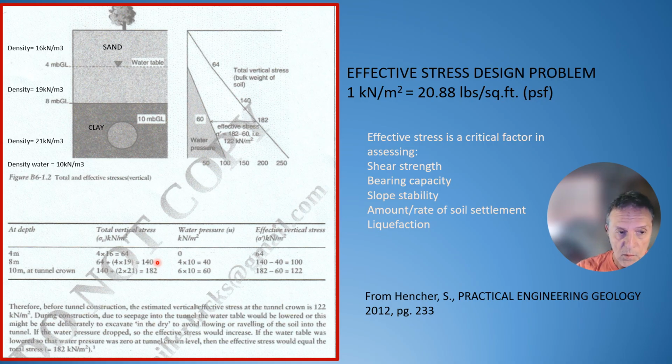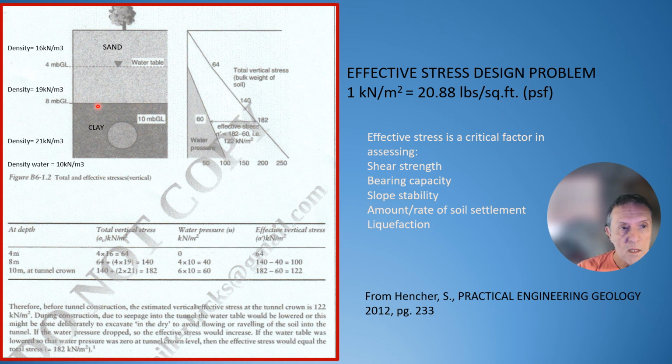So you add those two together, 64 plus 64 plus 4 by 19 equals 140. So the total stress of this 10 meters of sand, including the saturated sand, equals 182 at this surface.